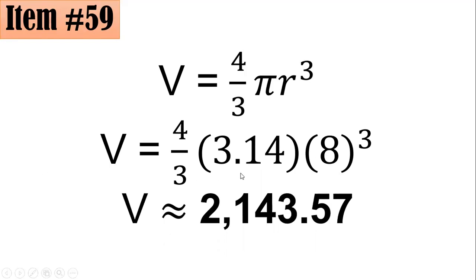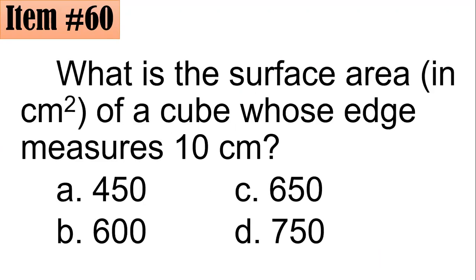Then 4/3 times 3.14 times 8 cubed will give you a volume in cubic units, and that's approximately 2,143.57, letter D. So, D nga po yung tamang sagot natin. So, very good po. Sa lahat ng nag-comment, tama po. Magaling, magaling, magaling.